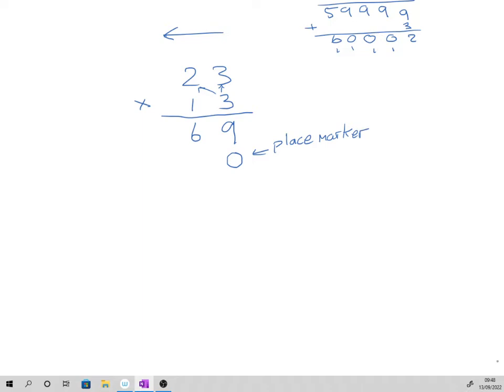Most important number we've got is 0, because if I owe you £10, the 0 counts, because if I didn't have a 0, it would just be £1. So the 10 does make a difference. Especially if I put another 0 on the end, then I owe you £100. So this is why the 0 is the key to this.